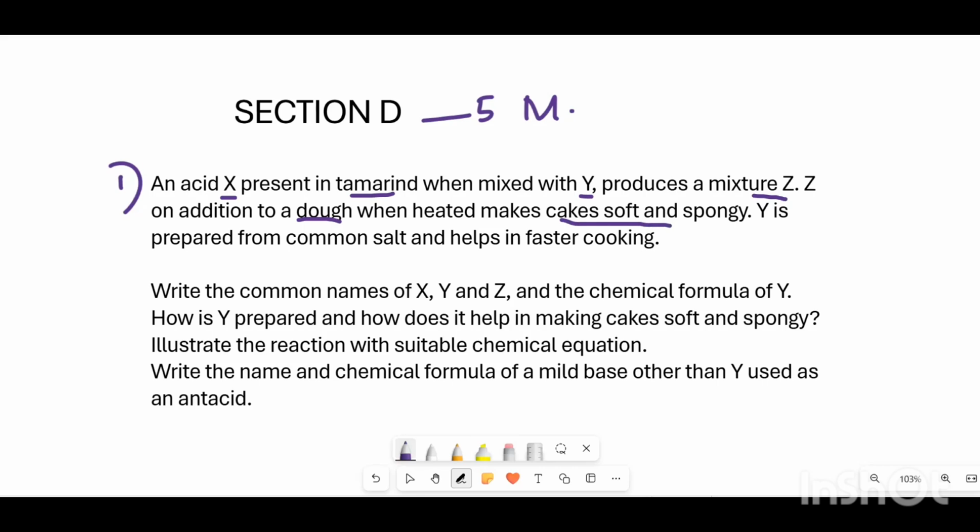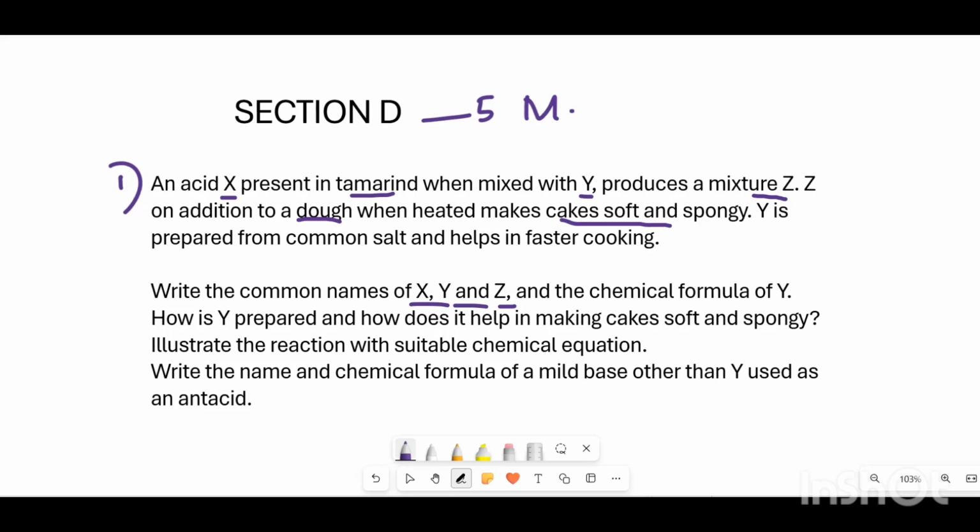Y is prepared from common salt and helps in faster cooking. Write the common names of X, Y and Z and write the chemical formula of Y also. How is Y prepared and how does it help in making cakes soft and spongy? Illustrate with a suitable chemical reaction.